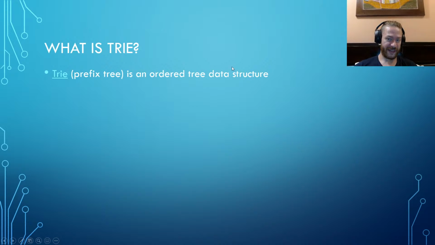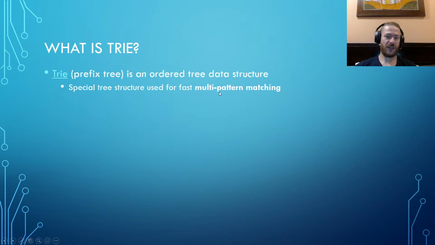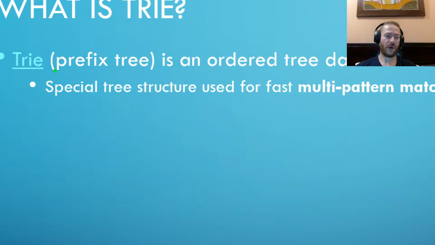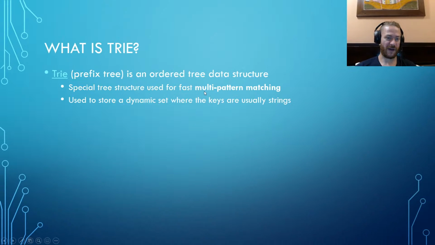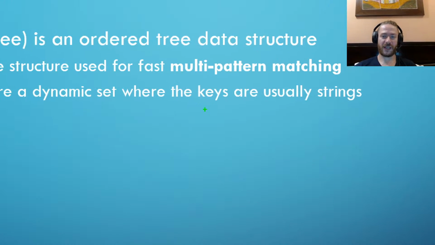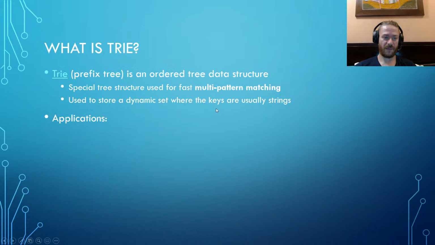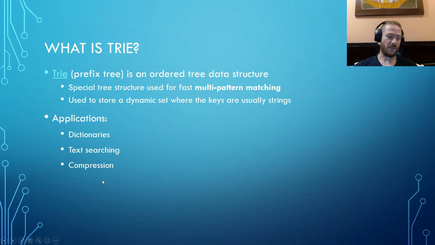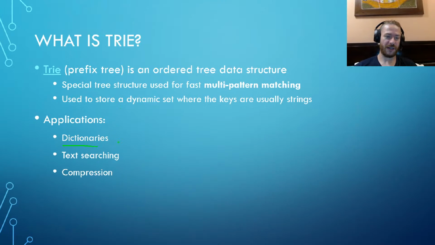It's an ordered tree data structure, which is very, very fast for prefix searching, and you will see why it's fast. You can store a set of unique values where the keys are usually strings. You can do dictionaries, text searching, compression, a lot of stuff, but usually it's like a dictionary of key-value pairs where you can search in the keys by a prefix.